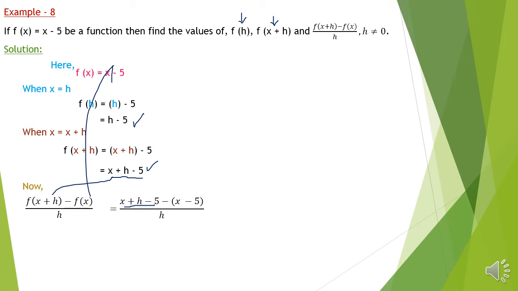Because there is a minus sign, we keep it in brackets because the sign will change. You have to be careful about this sign. Minus into minus is plus. So minus 5 and plus 5 cancel, x and x also cancel. So h upon h, which is 1. So the value of this rational algebraic expression is 1.